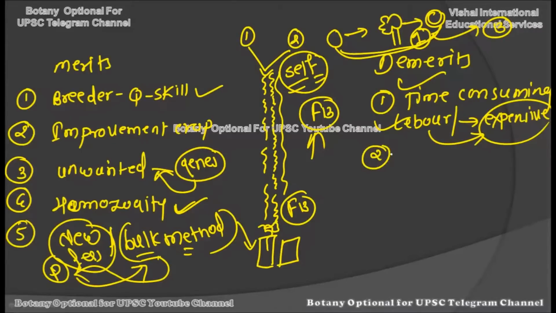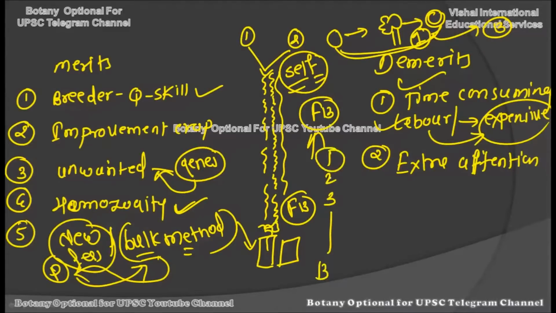Now the second problem with the pedigree analysis is that it requires extra attention. We have talked about this, that throughout the generations, first generation, second generation, third generation, till the 13th generation, at every generation we have to closely monitor all of these plants. So this extra attention we have to give to the crop field for nearly every generation. We have to analyze the generations which are giving thousands of plants. The second and third generations are producing more and more plants here.